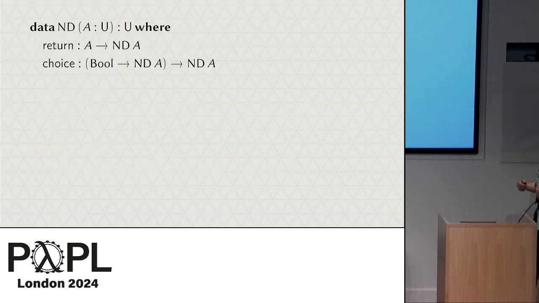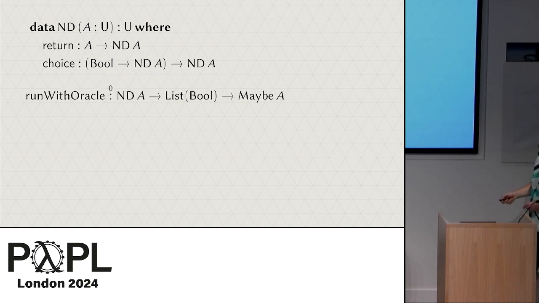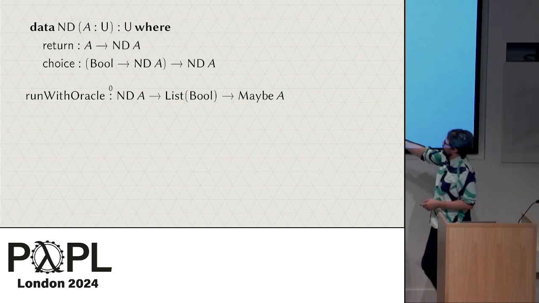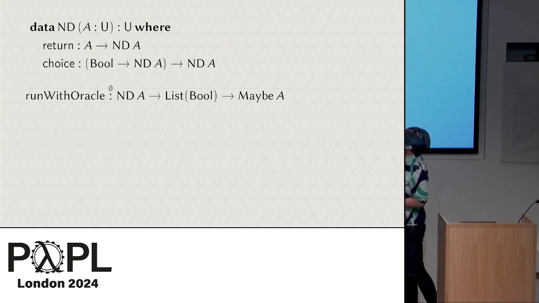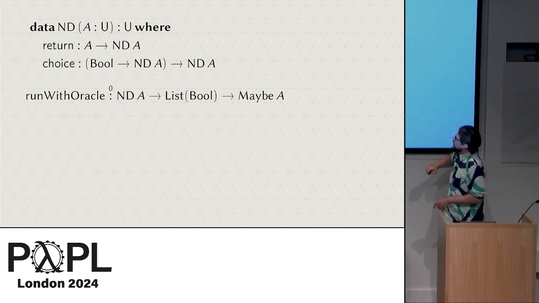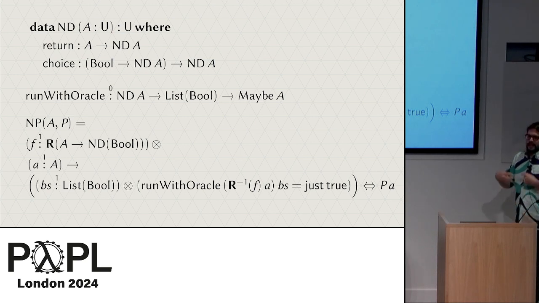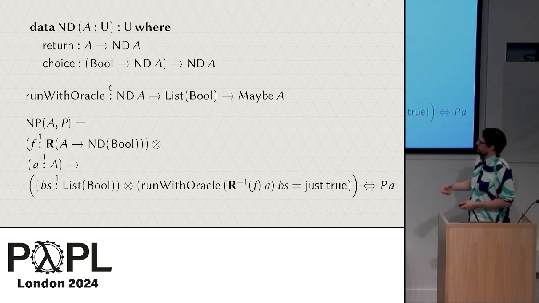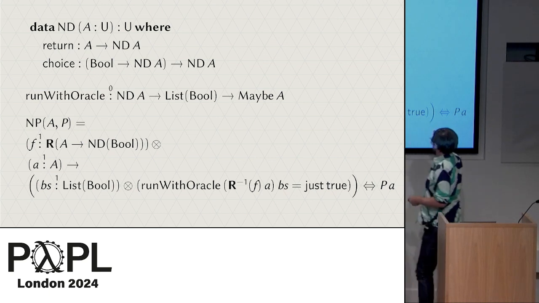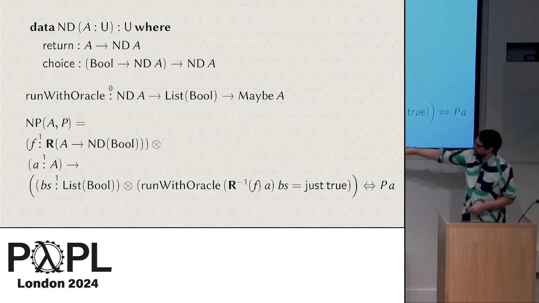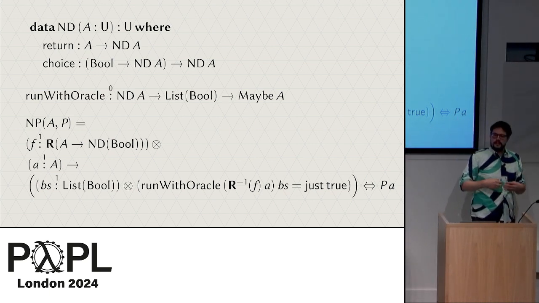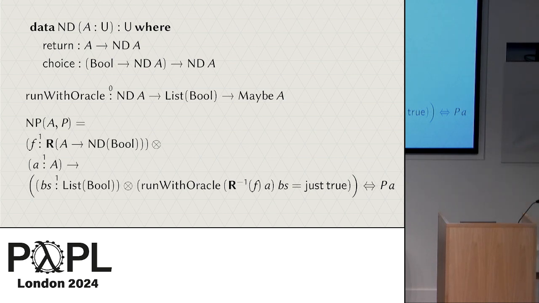If we now add the effect of non-determinism, and this idea of non-deterministic computation, we're going to witness a list of Booleans, and maybe it gives us an A at the end, assuming we've got enough Booleans, then we can define the class NP, right? So we can define it as: the problem is in NP if there's a non-deterministic polynomial time computation such that something is in the predicate if and only if there exists a witness that we can supply to the non-deterministic choices.